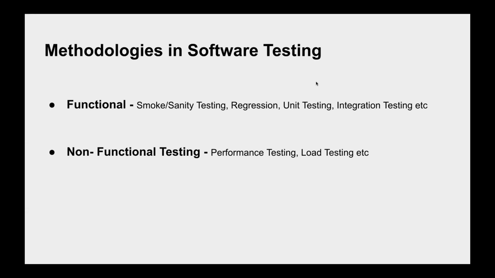Regression is nothing but this. Assume, as I said, there are 10 features in this product, and the developers are working on the 11th feature. This 11th feature should not break the existing 10 features. The addition of new features should not break the existing functionalities of the product.